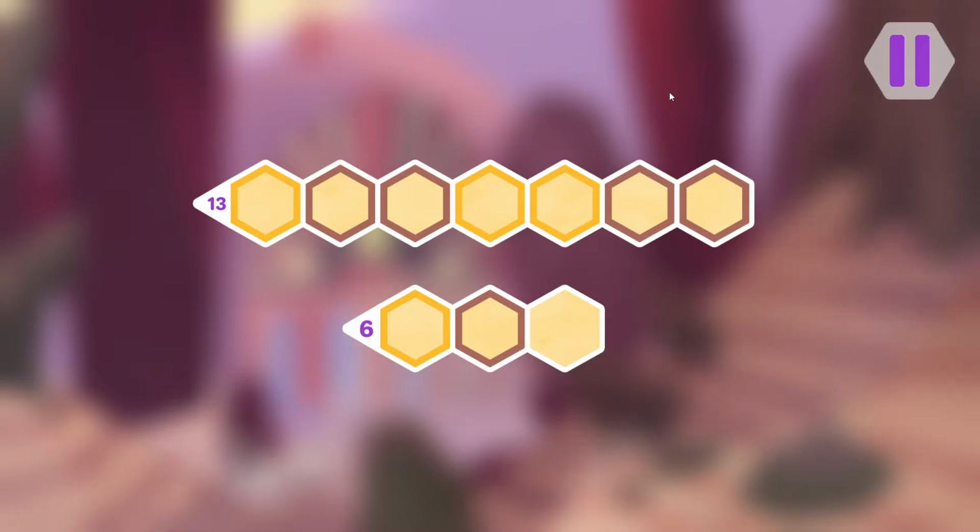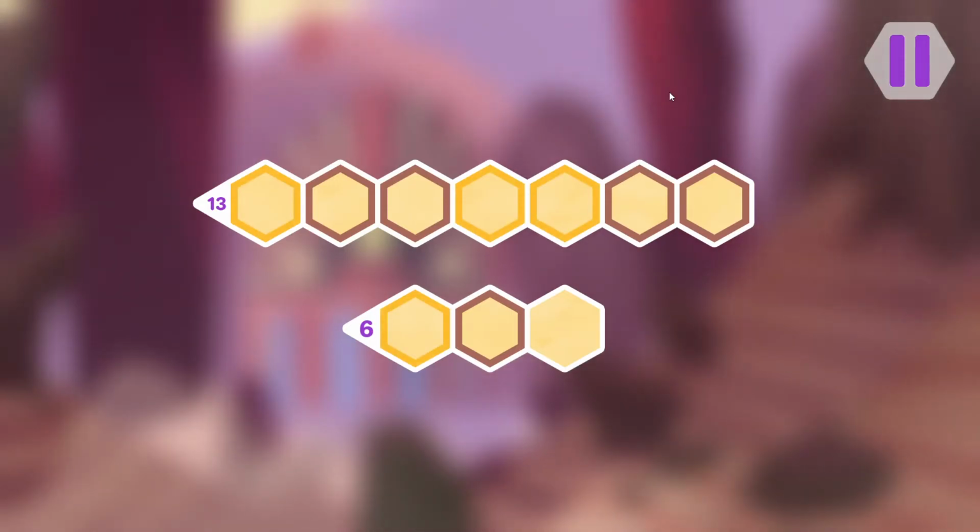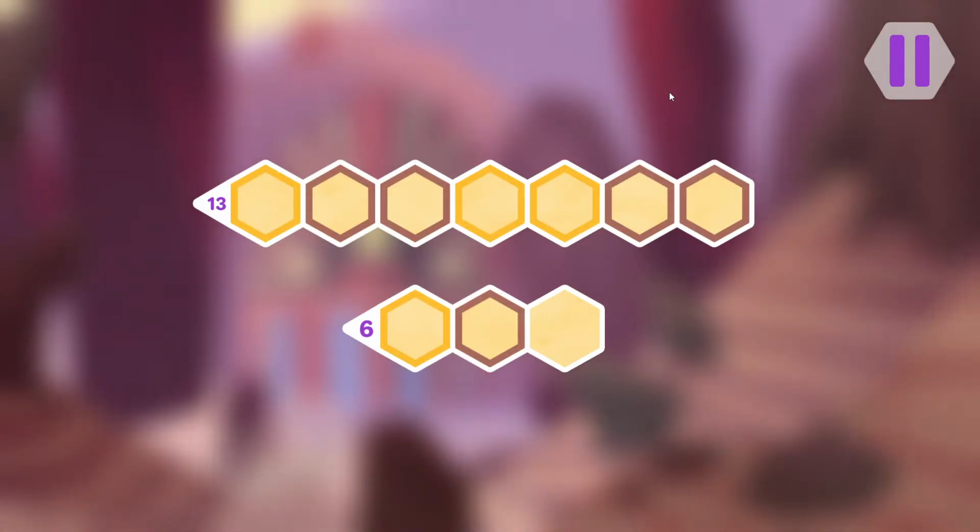So we have 3 yellow and 4 brown ones. What does that mean? They're combined to 13.